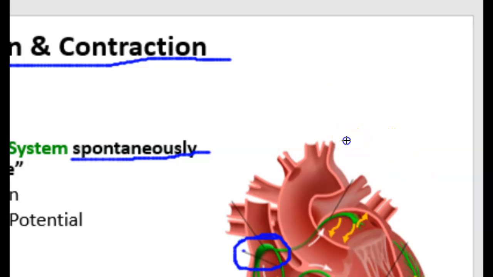So it's the SA node that really starts everything, the sinoatrial node. The cells that are in those nodes are considered self-excitable. They depolarize and produce an action potential spontaneously.